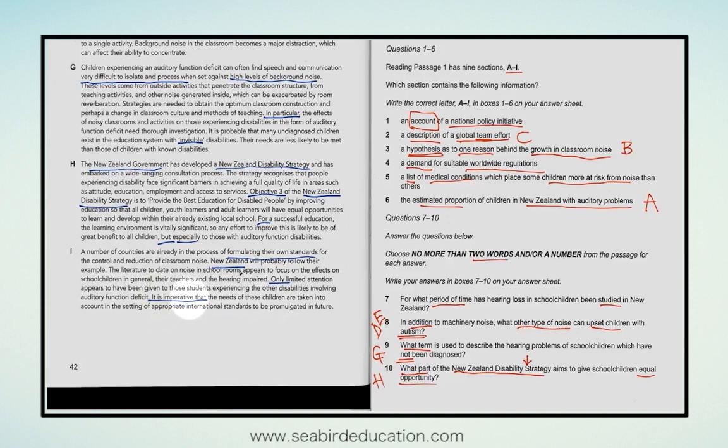It is imperative that... So imperative is it is necessary for it. So that's I. List a medical condition. Yes, we saw that.